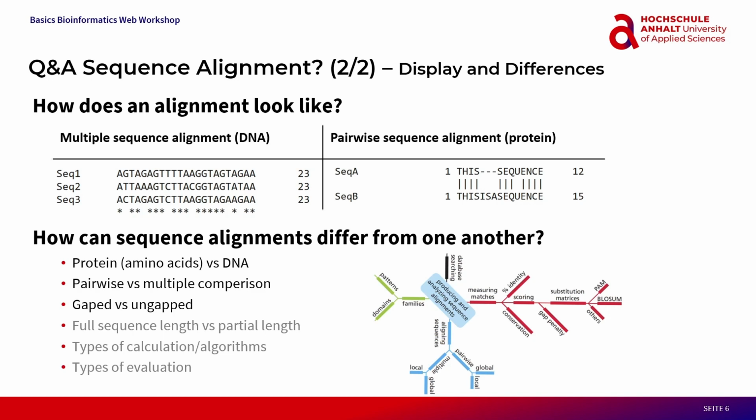Beside the number of involved sequences and their biochemical properties, there is another difference that can be observed. The protein alignment results in a 3-digit gap after the 4th letter. This is what we refer to as a gapped alignment. So we have a gapped alignment and an ungapped alignment.